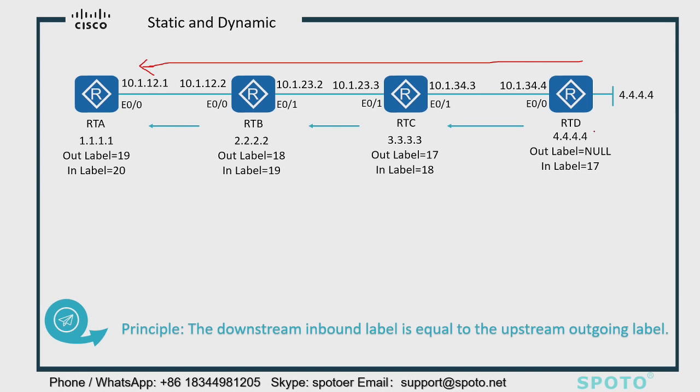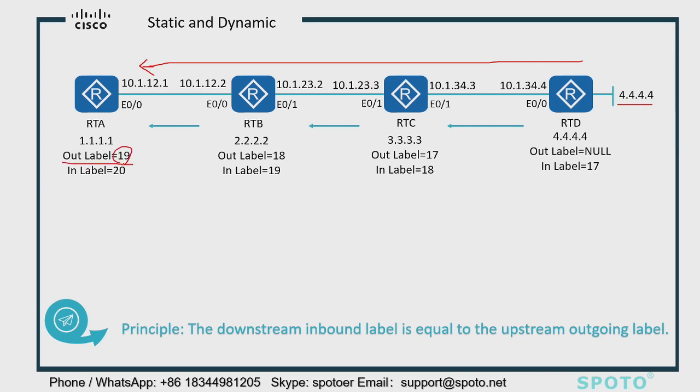And when you configure the labels manually, it means you use the static LSP to assign the labels. One principle is very important: the downstream inbound label is equal to the upstream outgoing label. So when RTA tries to visit the network segment, it will check the outgoing label.